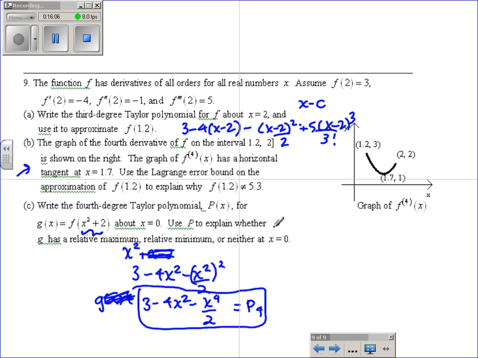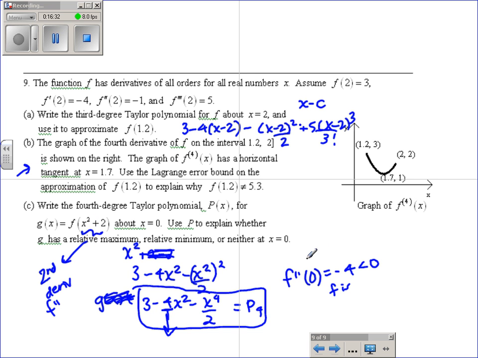And it says use p to explain whether g has a relative max, min, or neither. This right here, you should think the second derivative test. You look at f double prime, and f double prime is the one in front of x squared. So f double prime of 0 is equal to negative 4, and that's less than 0.